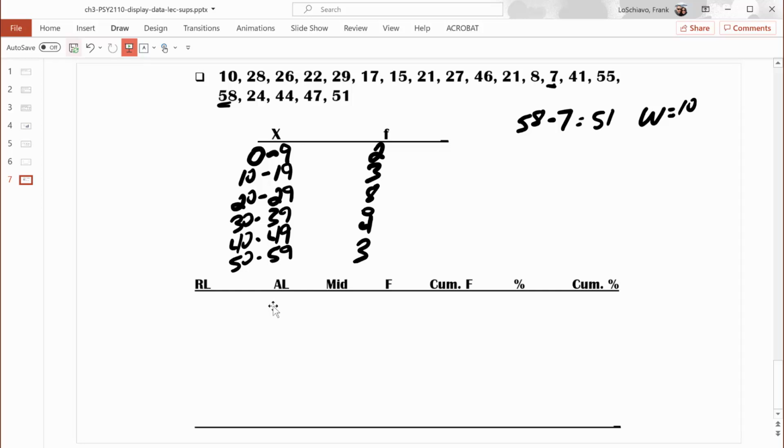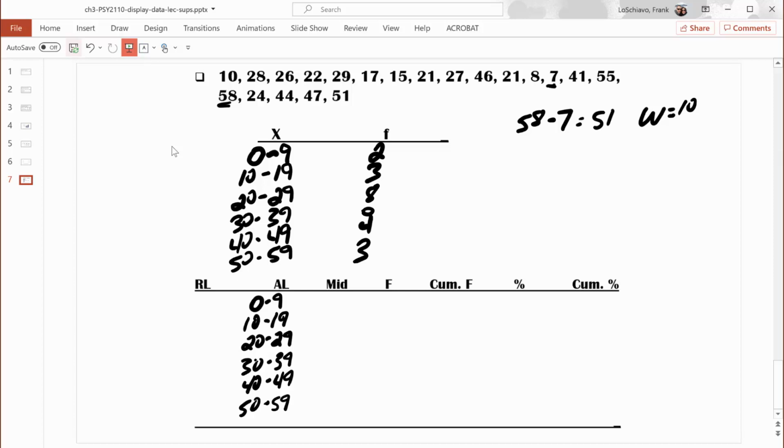Let's start right here with the apparent limits because we've already worked on them. So I'm just going to reproduce them right here. We have 0 to 9, 10 to 19, 20 to 29, 30 to 39, 40 to 49, and 50 to 59.